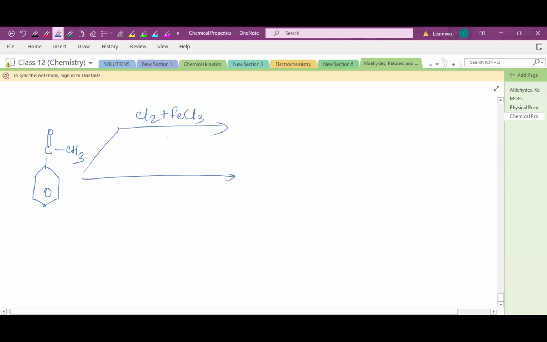Now you will write down the product in all the cases. Now you know the electrophile in all the cases. Just attach the electrophile on the meta position, and just try to write the name.